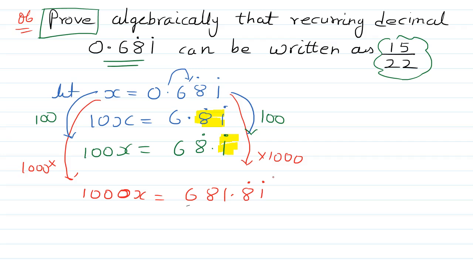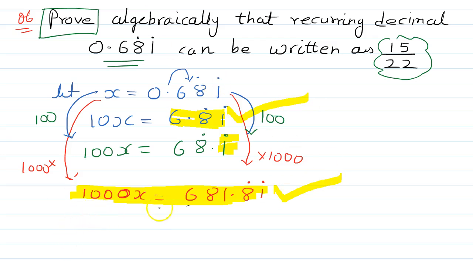Now which equation? This is our equation finally, 1000x equal to 681.81 recurring. See where 0.81 is coming after the decimal, so definitely here it is coming. So we are solving this equation and this equation, right?